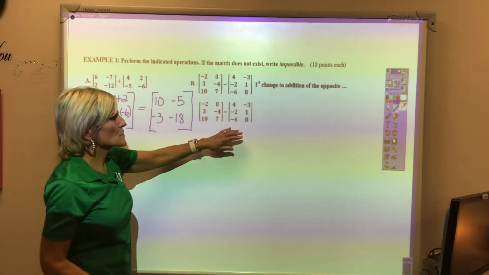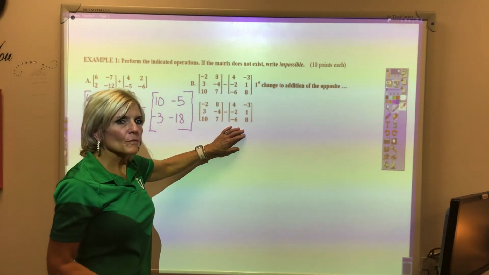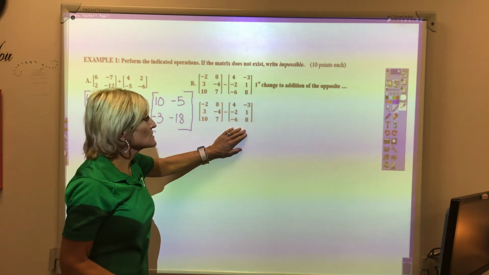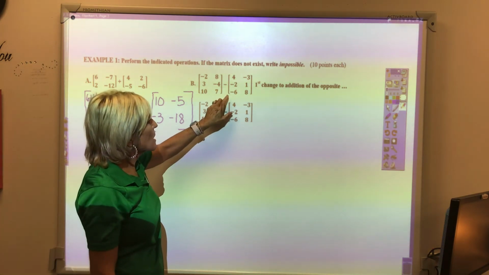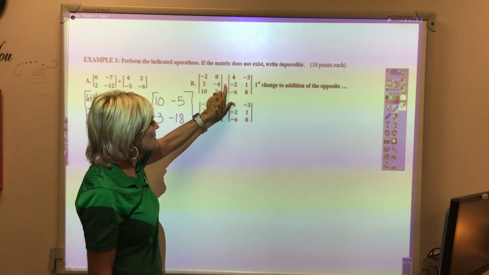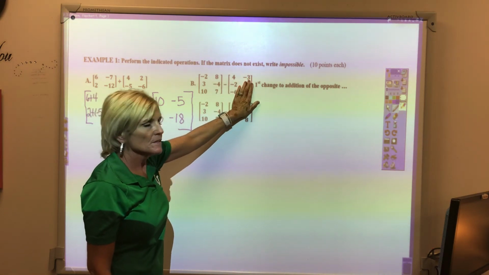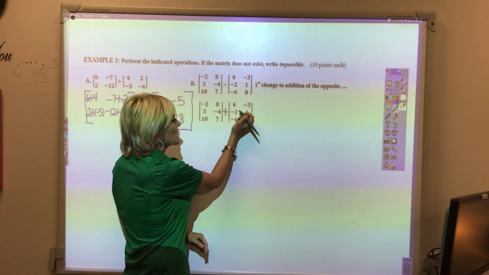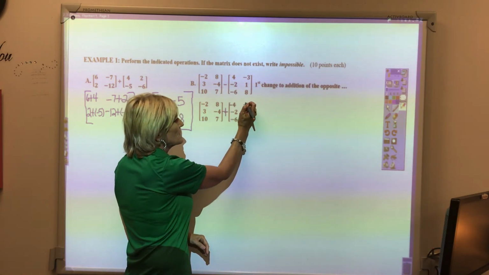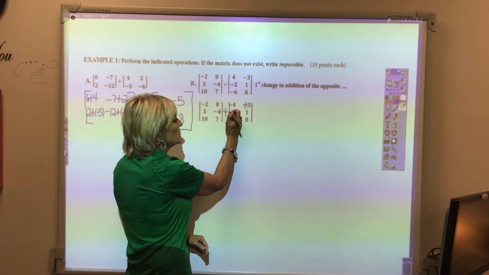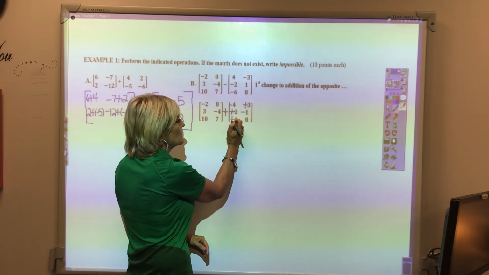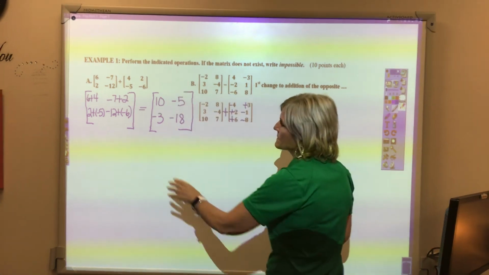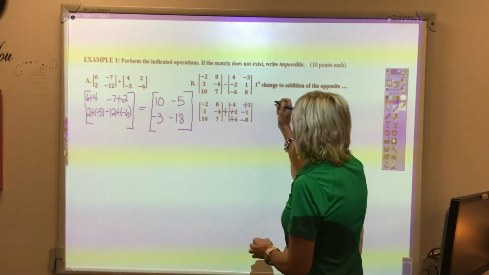When we're dealing with subtraction, I want to make a suggestion that will make these easier. I want you to change the problem to addition of the opposite. So what that means is I'm going to change the middle to addition, and I'm going to take the opposite of each element. And then I'm going to work them the same way we did the first one.